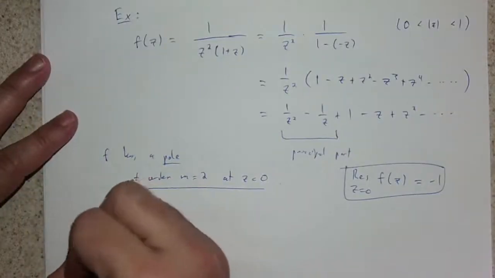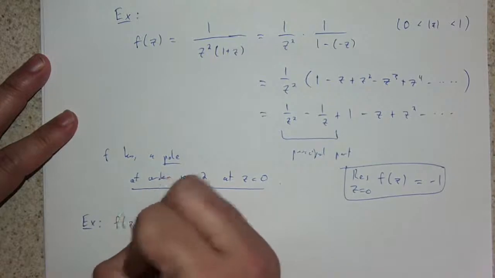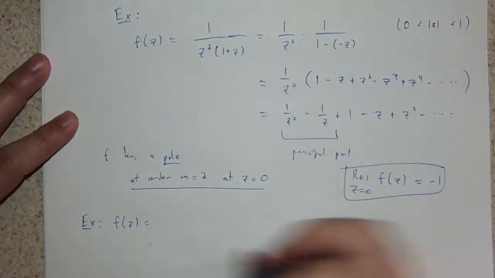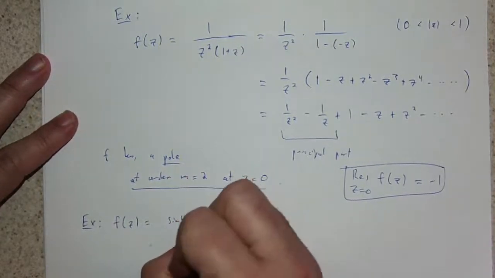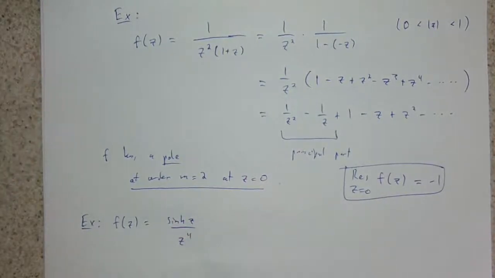Let's do another example. Let f of z be sinh z, so hyperbolic sine, over z to the fourth. So you might look at this thing and have some ideas in your head about what the order of the poles is going to be.